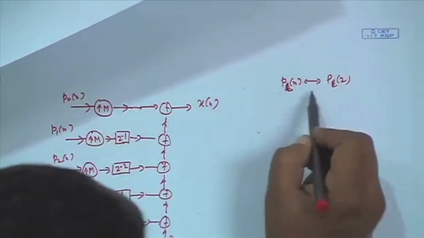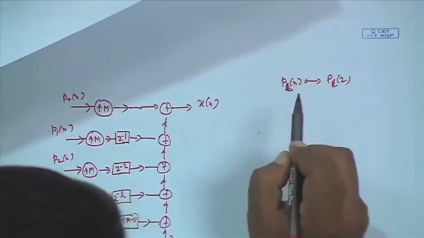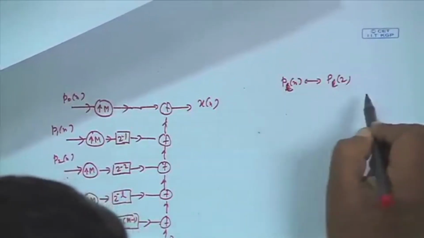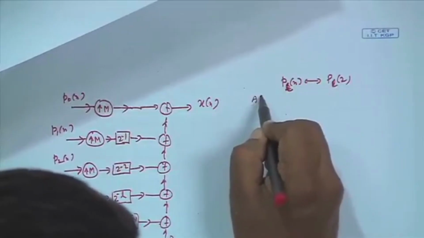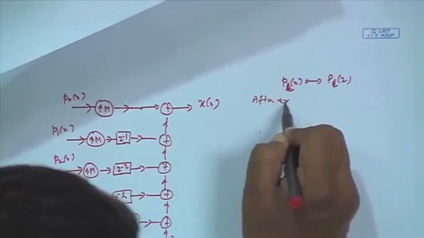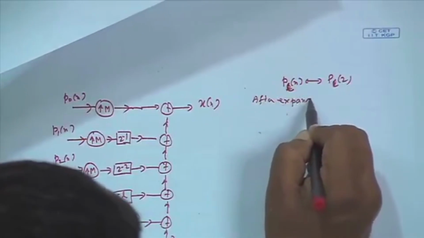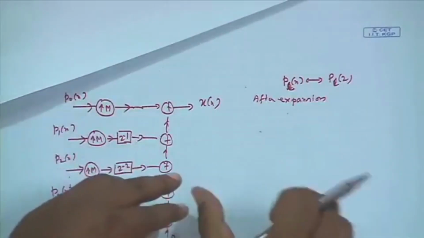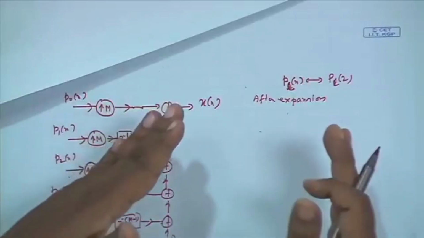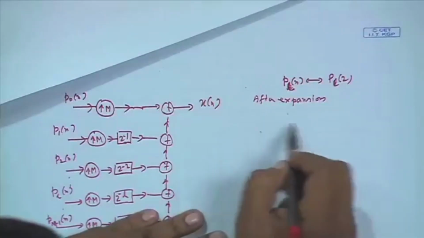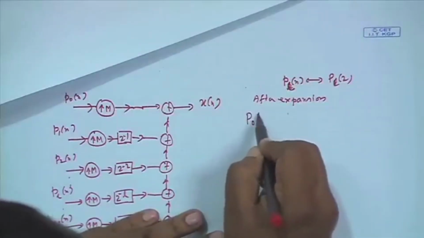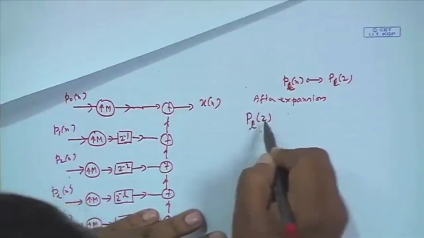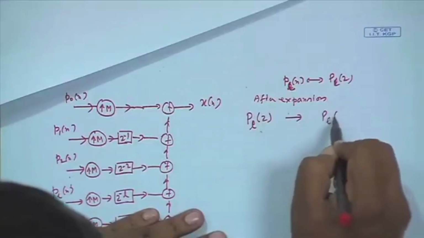After expansion, what does expansion mean? I am plugging in m minus 1 zeros between every pair of samples. We have seen expansion. If the original Z transform is PLZ, it becomes PLZ to the power m.